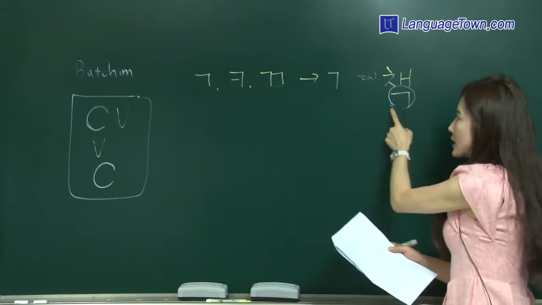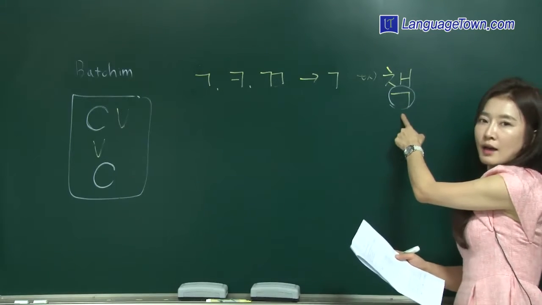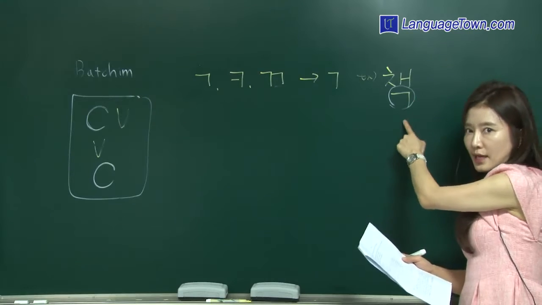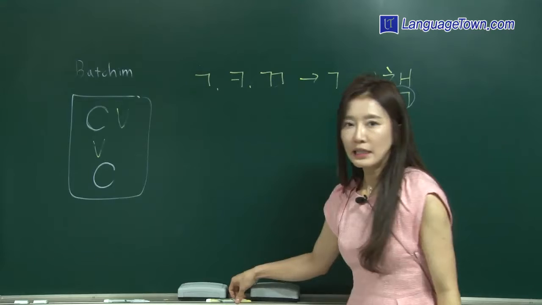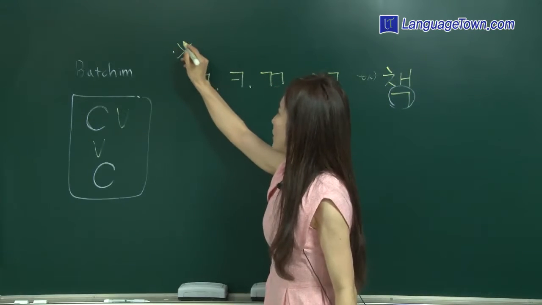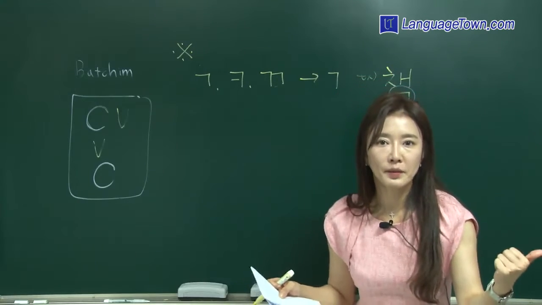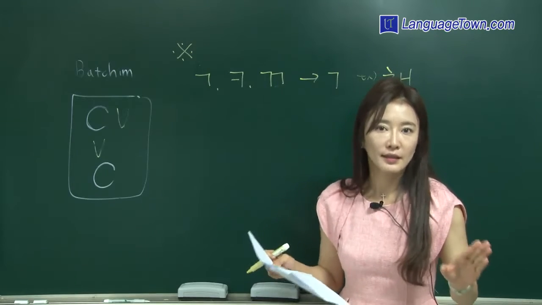That's why it can be check. Okay, repeat after me. Check. Check. Check. Good. So what you should remember is this rule: which consonant it should be for which 받침. This is the most important rule for today's class, okay?